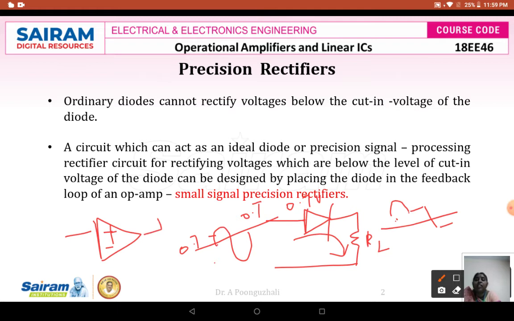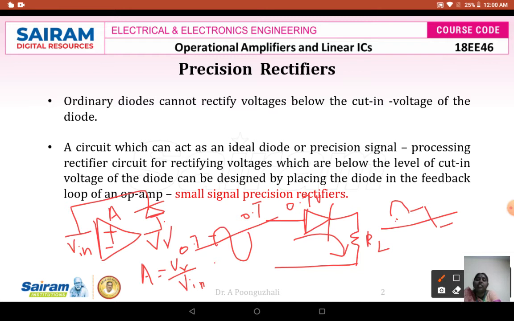Here the diode is used in the feedback part. The gain of the amplifier is A, the voltage at the output point is V gamma, that is the cut-in voltage of the diode, and here I have my V in voltage. Generally, the gain A is the output by input, V gamma by V in.